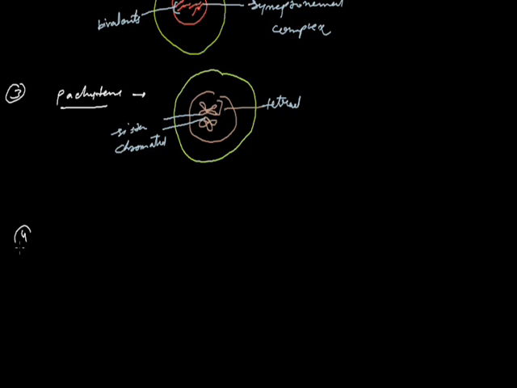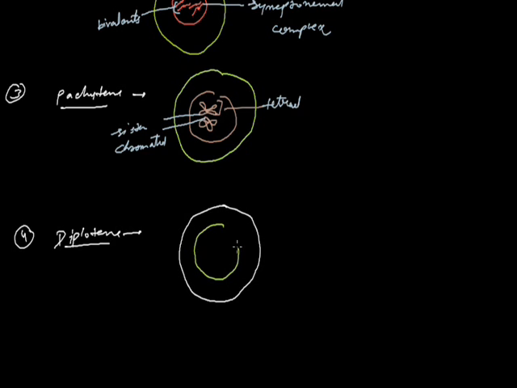Now the next stage is diplotene. The synaptonemal complex that was formed begins to dissolve, and the chiasmata become visible where the chromatids are attached. This part of the chromosome is called the chiasma.